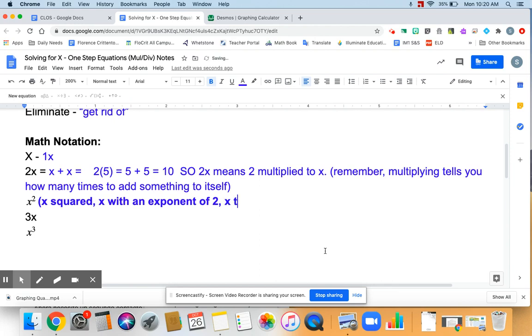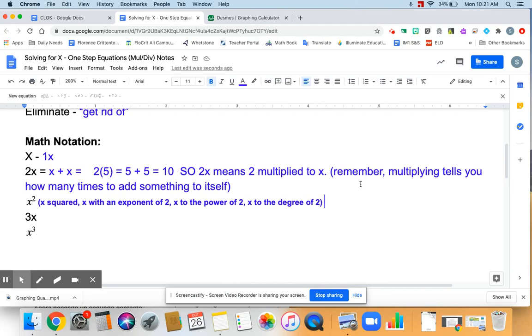You can also say x to the power of 2, because they also say to the power of for exponents. You can also say x to the degree of 2. They all mean the exact same thing. It's just 4 ways to say it.